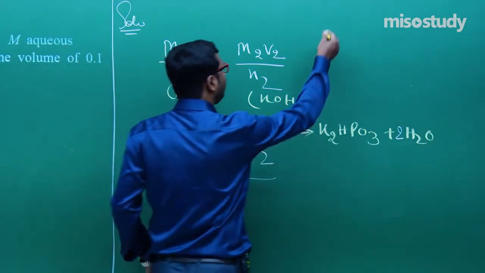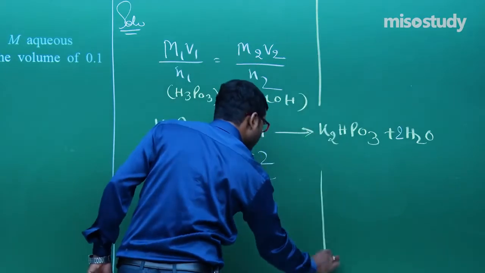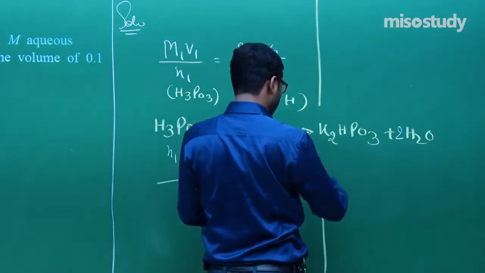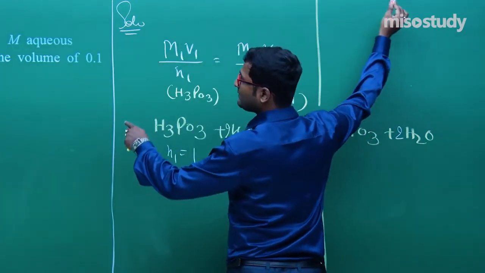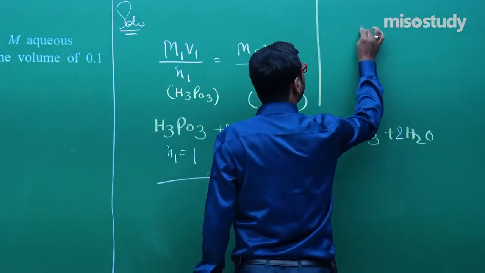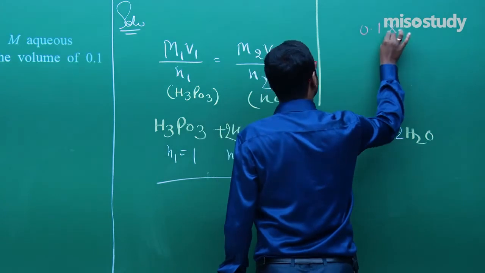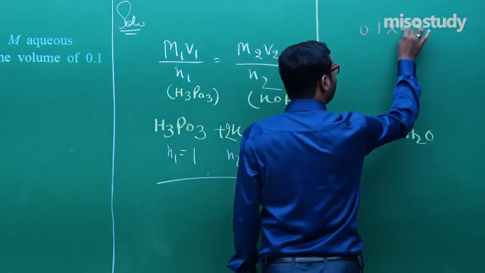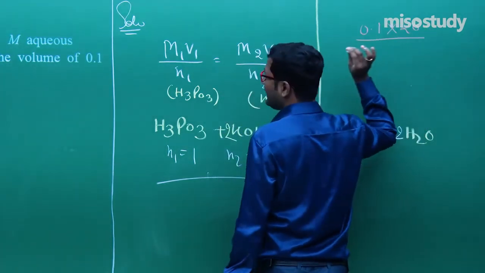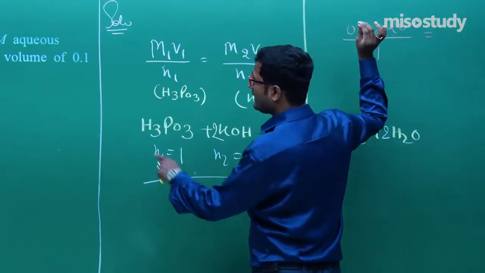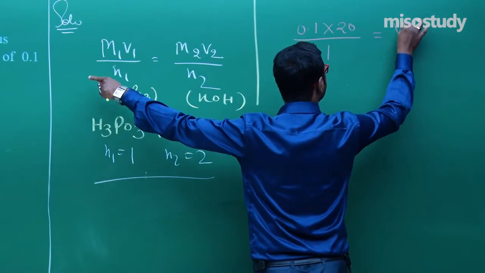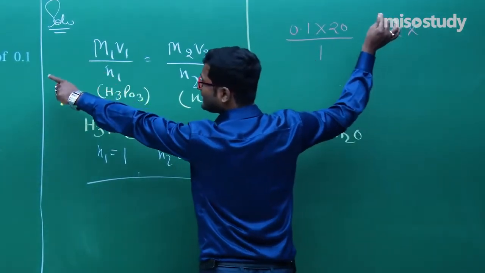Now moving here friend, I am going to put the values here, wait for a moment. M1, what is given here, M1 is 0.1. What is V1? That is 20 ml. What is N1? N1 we get 1. What we need is V2, we do not know V2. What is M2?